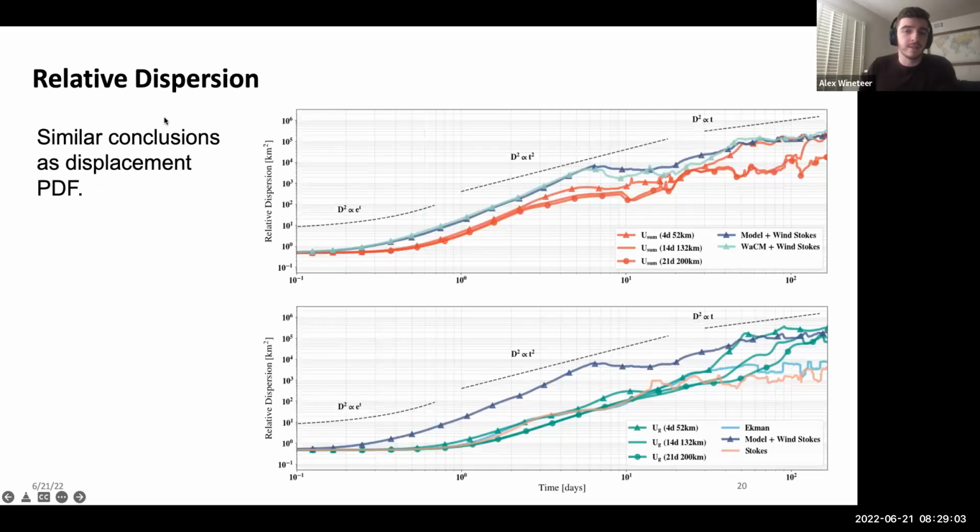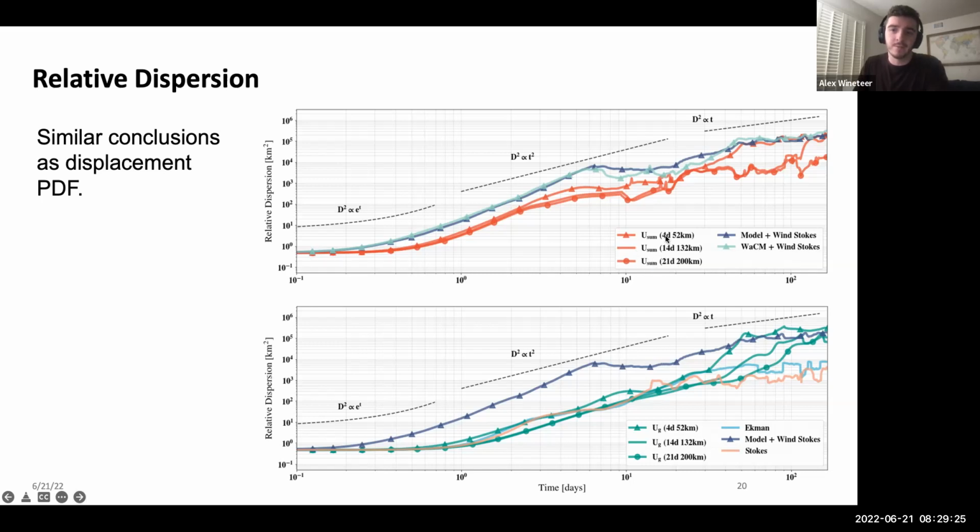So this is a kind of a similar plot, but this is using relative dispersion, which is a measurement looking at the dispersion of particles relative to the center of mass of the particles. So this is a little bit more quantitative of a measurement than the previous slide I showed. So what this is showing are the same cases.